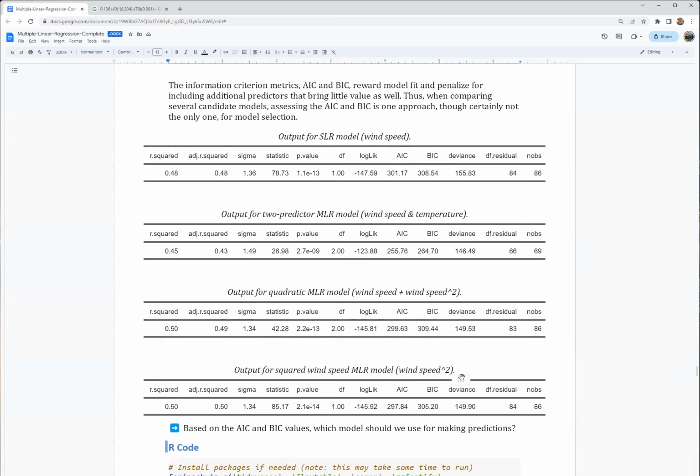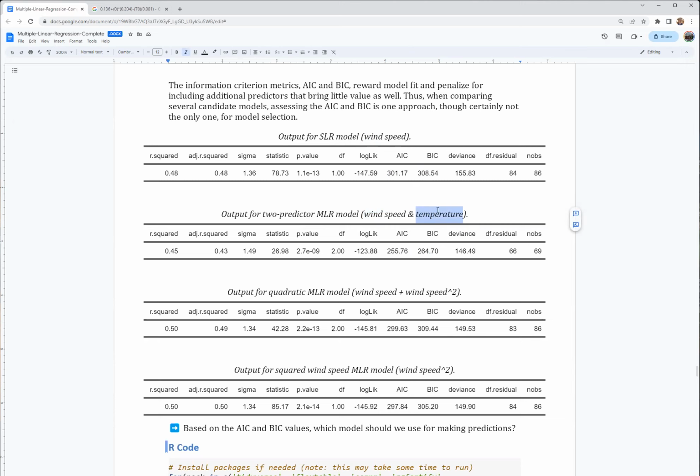We have output for 4 different models that were considered, using wind speed as a predictor, and wind speed and temperature as predictors, so the 2 predictor model. And then we have the AIC and BIC for each of these models. This is a simple linear regression model with just wind speed, and this is a multiple linear regression model with wind speed and temperature.